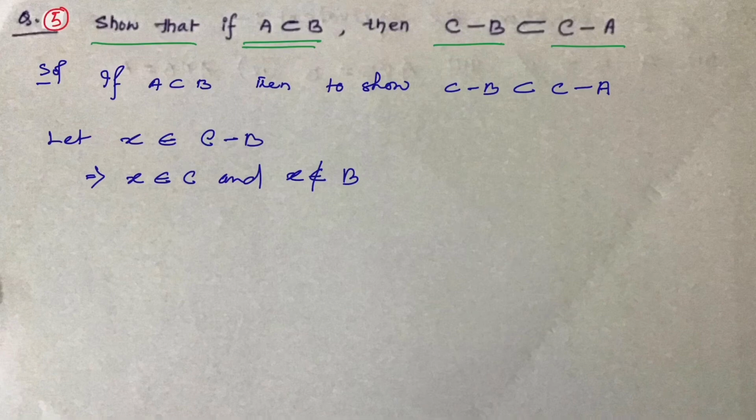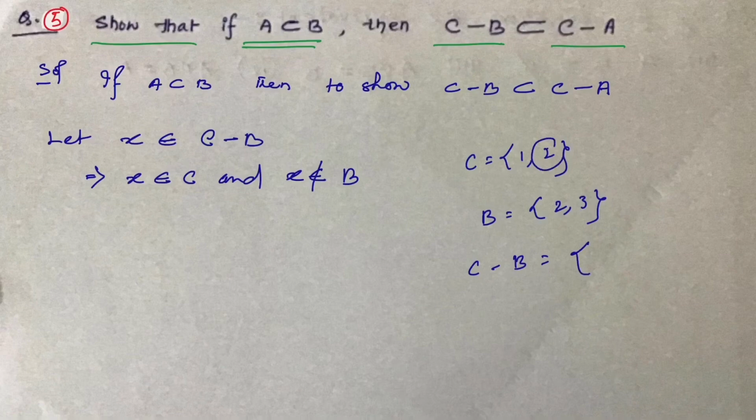Because you see, so let me tell you why. Suppose C is 1, 2. Okay, this is a set of 1, 2, and B is 2, 3. Okay, then if you find C minus B, then what you will get?